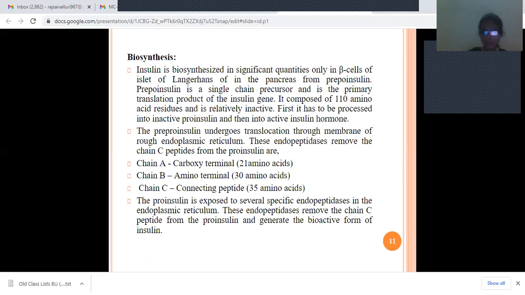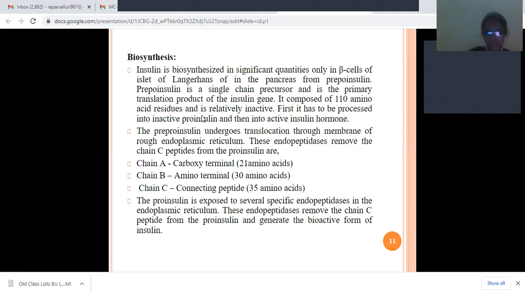Preproinsulin consists of 110 amino acids, and first it is processed into the inactive proinsulin and then into the active form of the hormone. It undergoes translocation through the membrane of the rough endoplasmic reticulum. Then an endopeptidase removes the C peptide from the proinsulin.